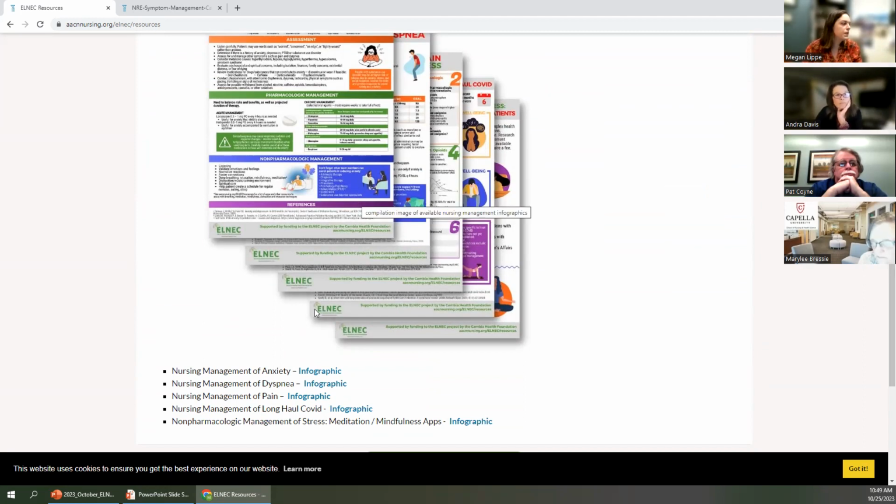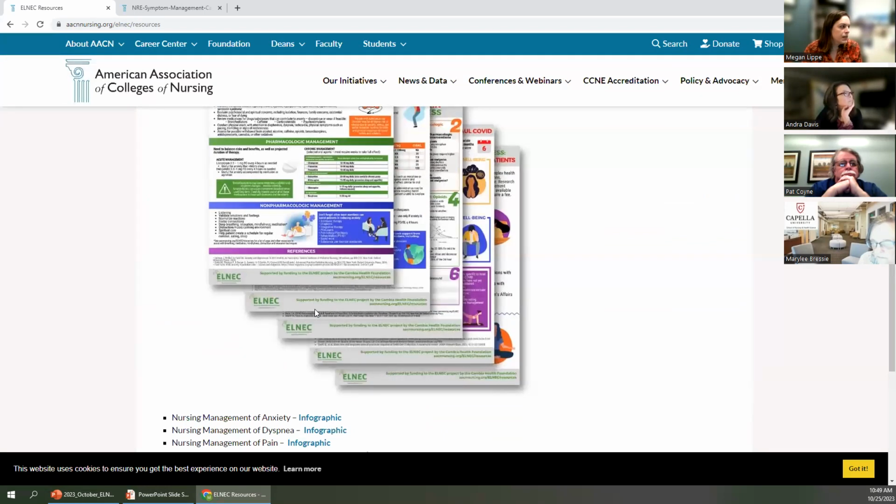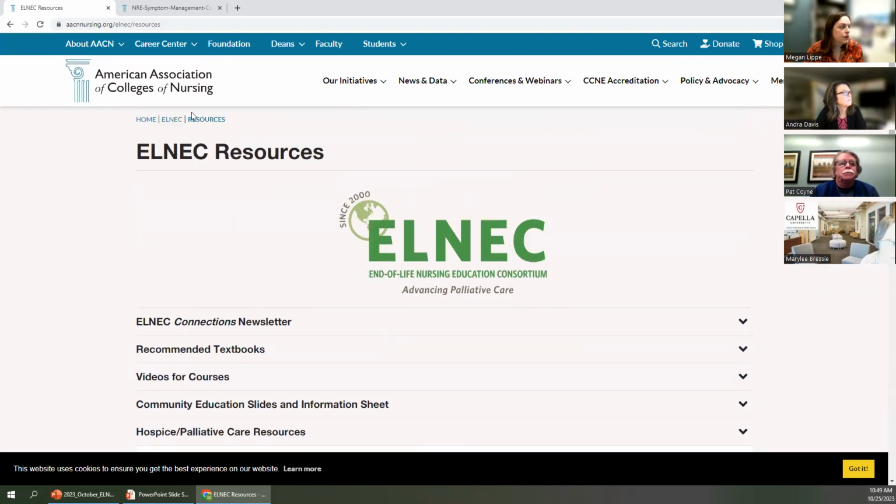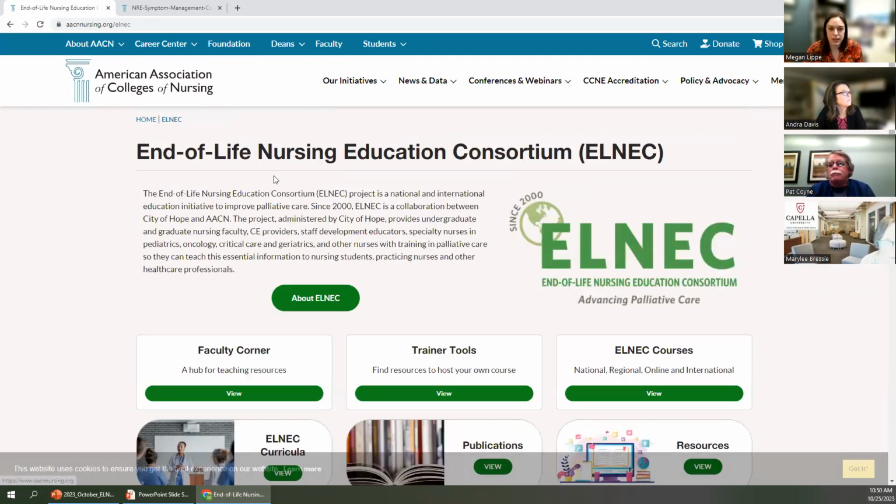One idea that was presented in our webinar for symptom management in undergrads was creating an assignment where students develop an infographic about managing one of these symptoms for their population, or for a graduate student, from the lens of how they're training for their APRN or whatever role they're preparing for. So you get to that from the resources tab under ELNEC.